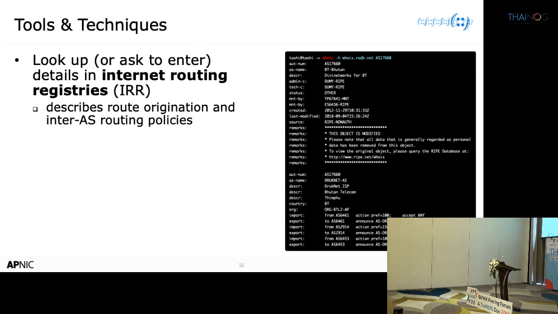If it doesn't exist, some ISPs are really strict. They'll say, go create an entry first in these routing registries. The most important entries are your route and route6 objects. And if you're a big ISP with lots of downstream customers, bless you, you also create proxy aggregation objects like AS-SET objects.